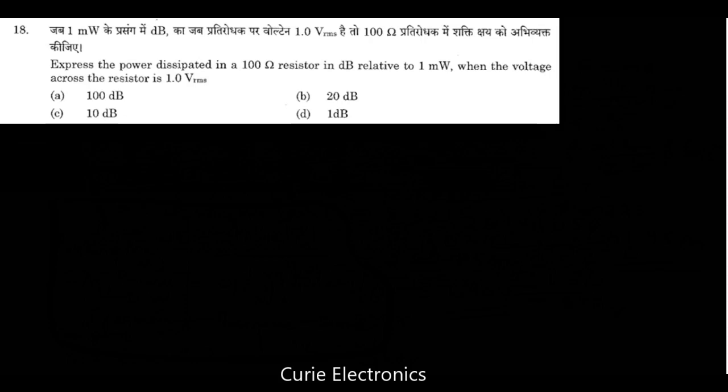Express the power dissipated in a 100 ohm resistor in dB relative to 1 milliwatt when the voltage across the resistor is 1 volt Vrms. So power equals RMS voltage square upon R. We have to find the power dissipated with respect to 1 milliwatt, so 1 milliwatt we will take as the input power.